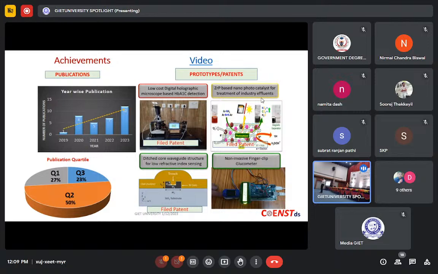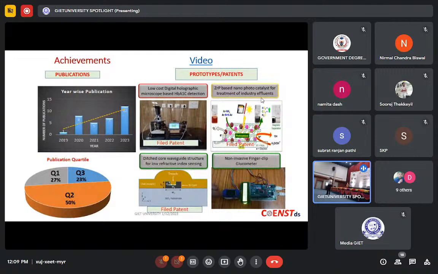Now, industry effluent basically contains dyes, and this nanocomposite, prepared using zirconium phosphide, can be used to treat this industrial effluent. So this is how we converted this zirconium phosphide to a usable material.